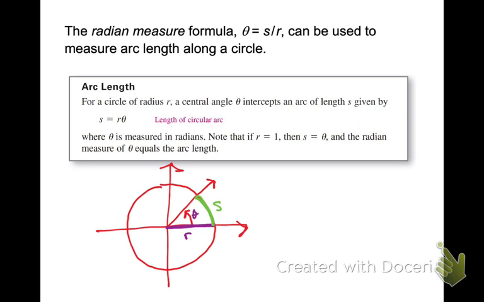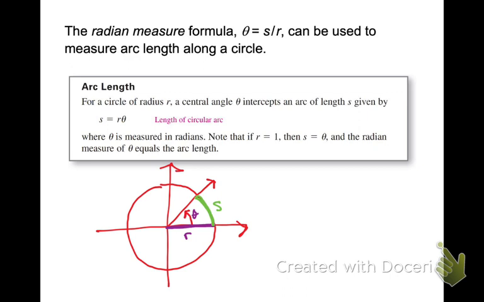So theta is the angle. R is the radius. And S is the arc length, from the initial to the terminal rays. That's how much movement is happening. So you have the equation S equals R theta.